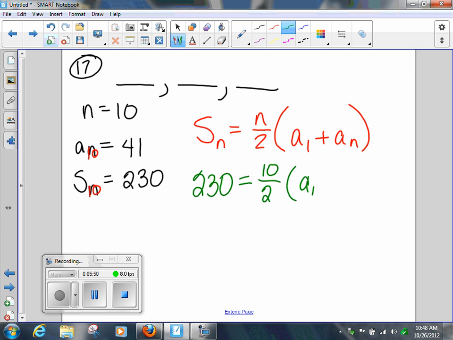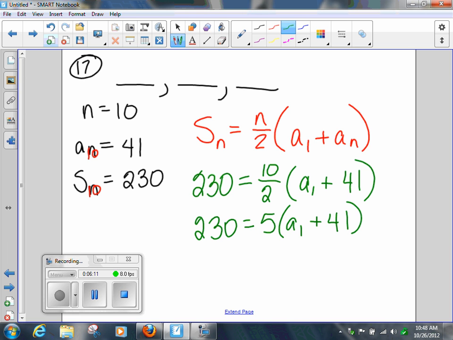My A sub n is 41. Do I have an unknown? Yeah, it's my A sub 1, which is my first term. So I'm going to solve. And I get 5 times that quantity, A sub 1 plus 41.